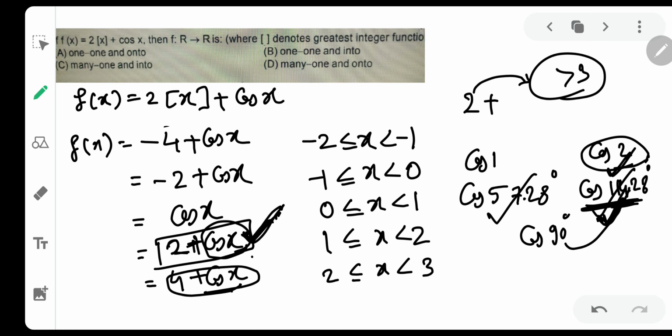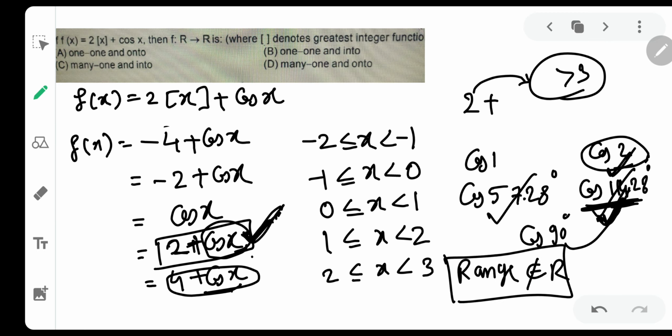Basically the logic is all the values will never be covered in this particular manner, so the range will never be equal to R. Calculating the range is very difficult over here, but it cannot be equal to all real numbers. Okay, so let me show you why it is so. So let us move towards a graph.